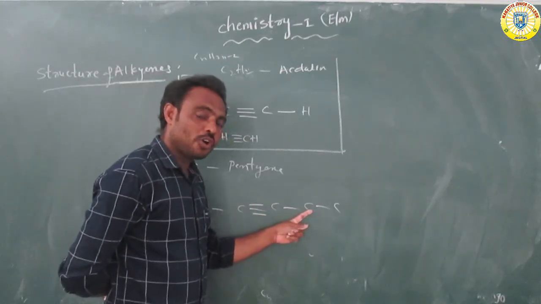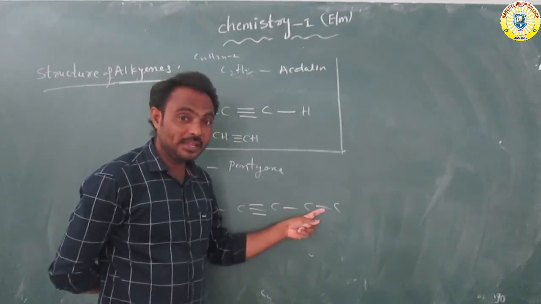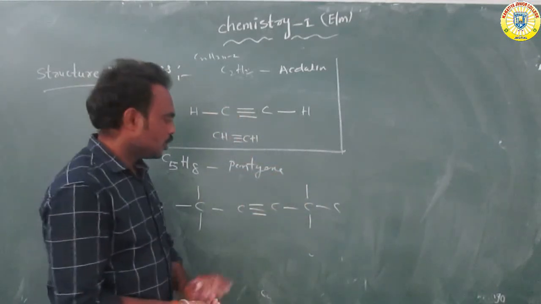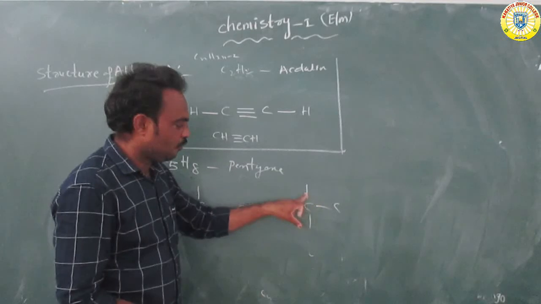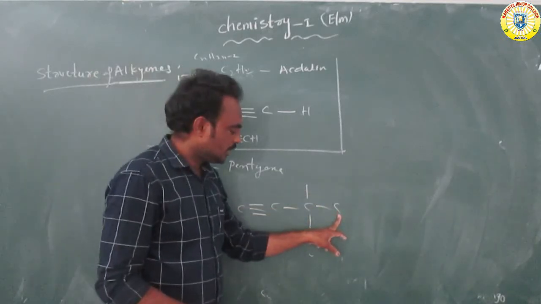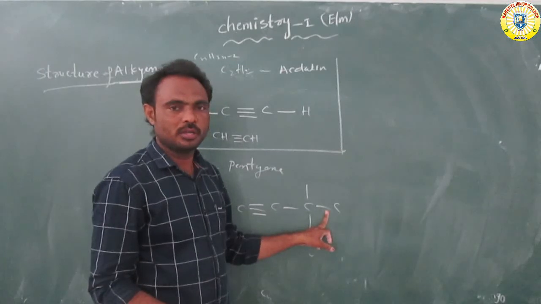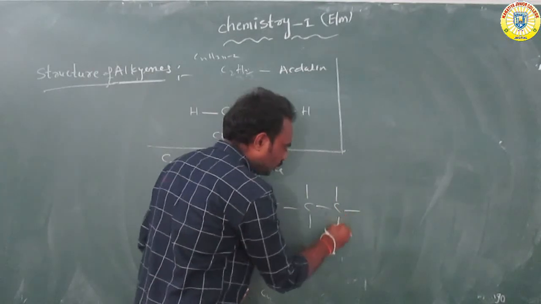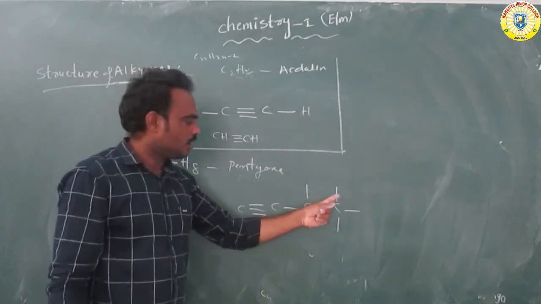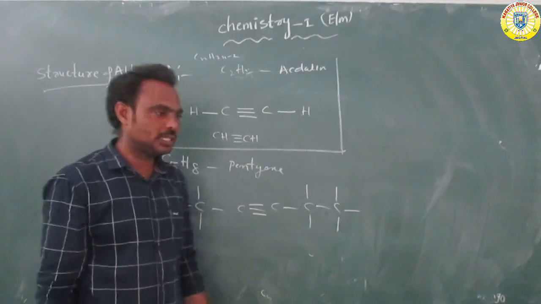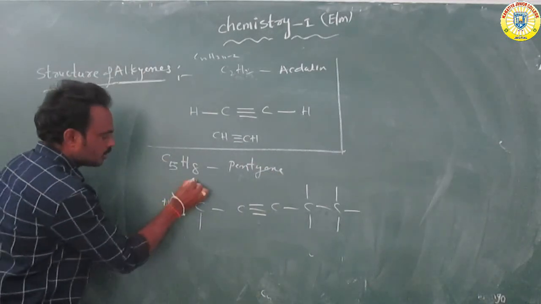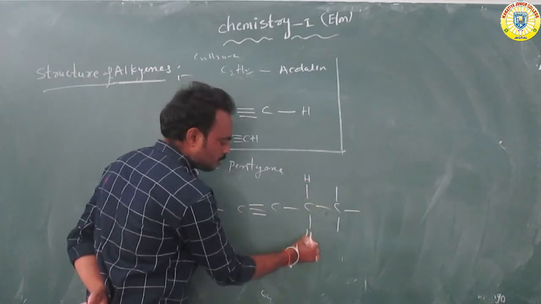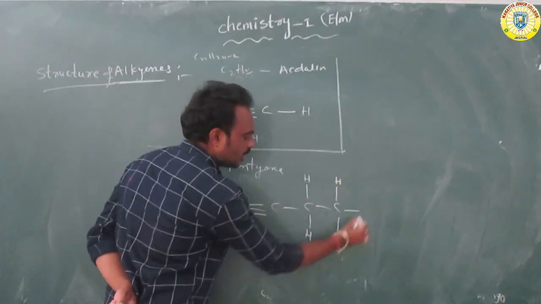This carbon has 1, 2, remaining 2 bonds. This carbon has 4 bonds. This last carbon has only a single bond, so we arrange the remaining 3 bonds with hydrogens, H, H, H, and likewise for the others.